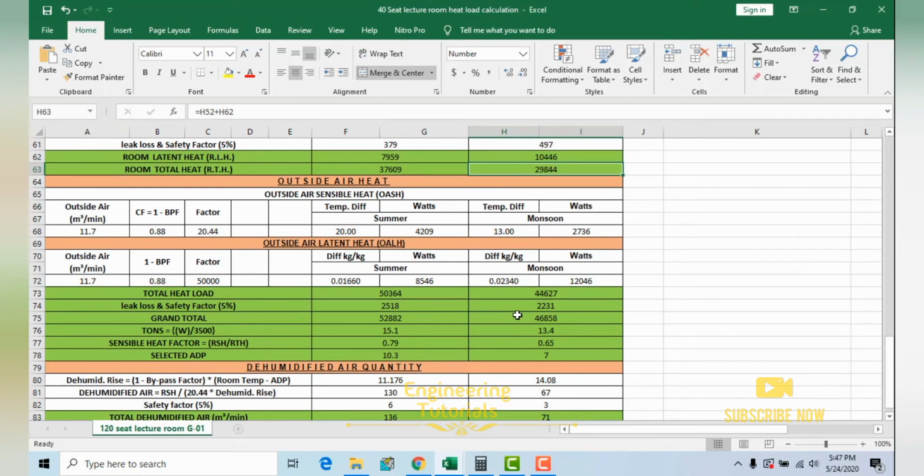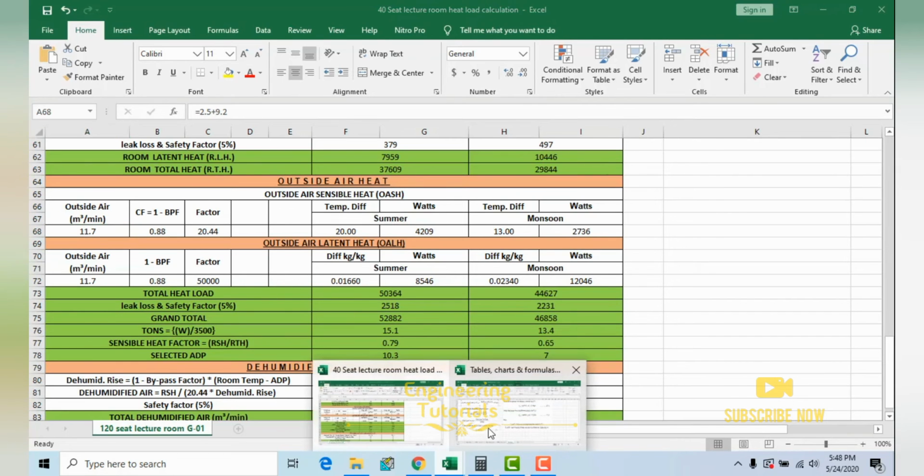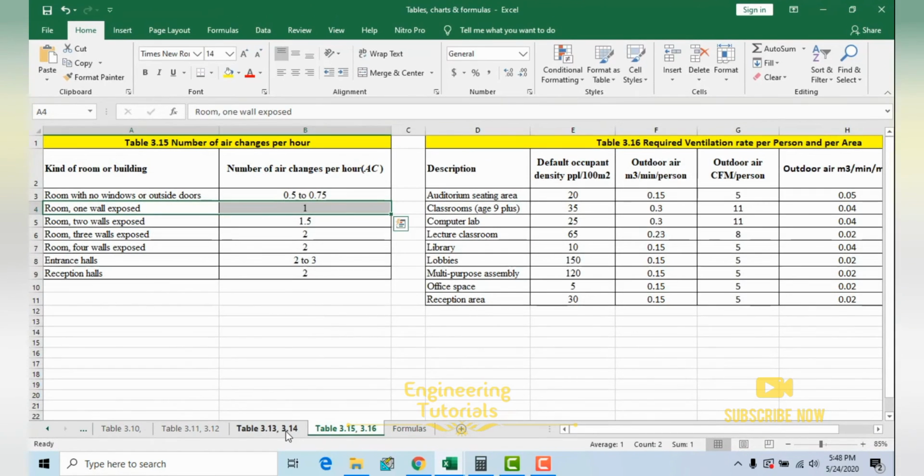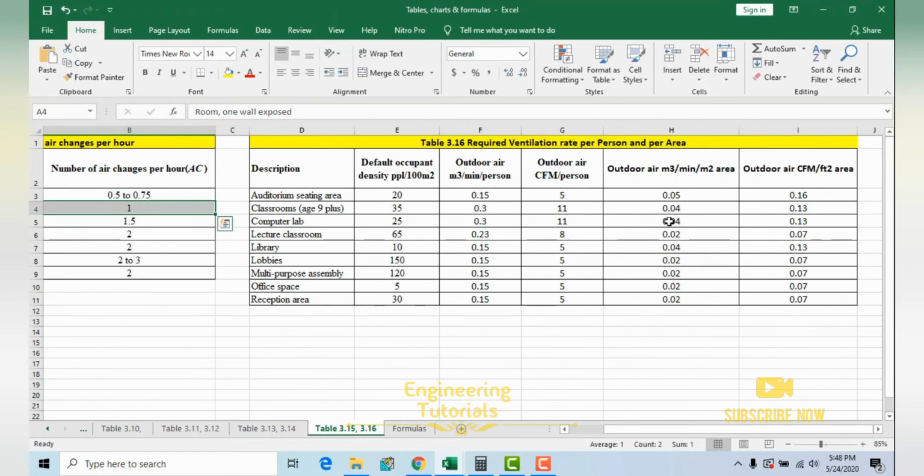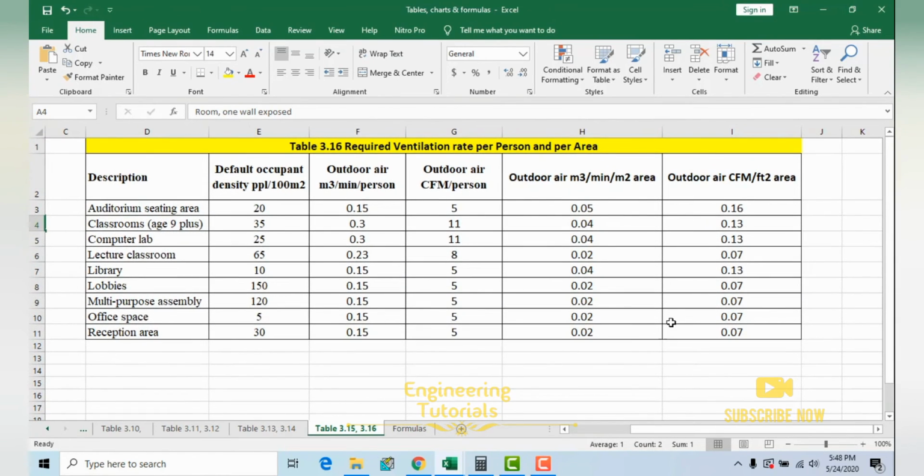Then finally we have to calculate the outside air heat. How much outside air is required per person or per square meter, we need to get from the table. So this is the ventilation requirement per person and per square meter of area.